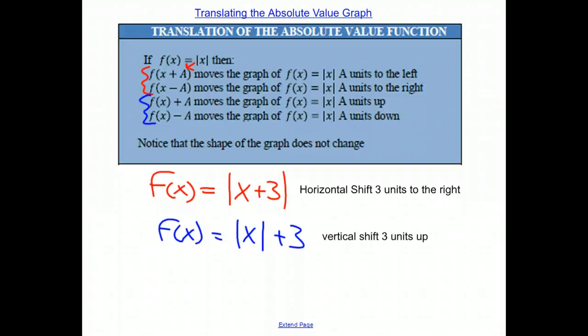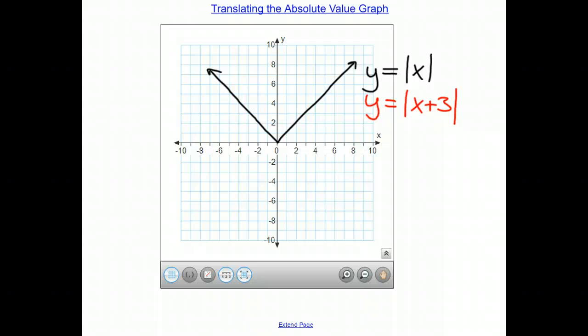So the vertical shift 3 units up, what does that do to the parent graph? Well, if we were to look again at our parent function, y equals the absolute value of x, and we were to change this equation right here to y equals the absolute value of x, plus 3, what happens? Well, this original starting point here, what's happening to that one point?